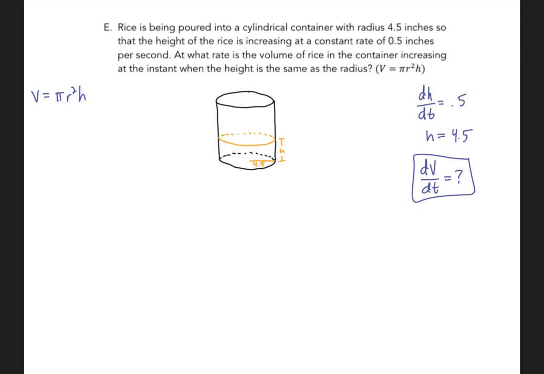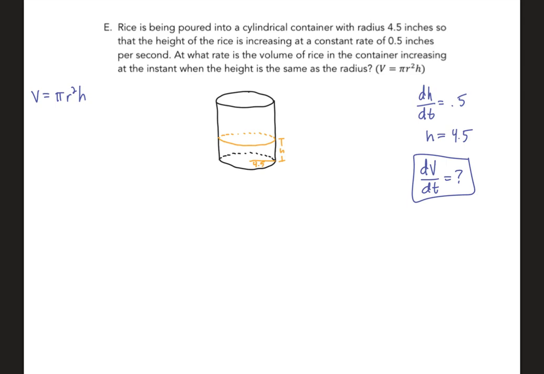Normally we just take the derivative right away, or we'll substitute to get into terms of one variable. This one's different because since this radius is not changing, you can plug in its value before you take the derivative. That's an important thing to understand. Any value of a letter that's not changing, you can plug in before the derivative.